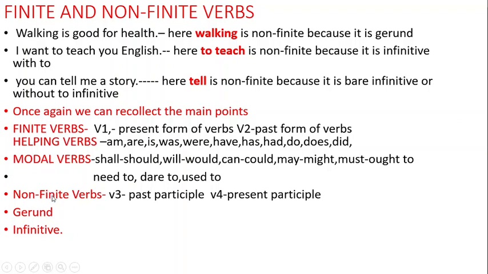And what are the verbs that come under non-finite? All past participles are non-finite, all present participle verbs are non-finite, all gerunds are non-finite, and infinitives, to-infinitives or without-to infinitives or bare infinitives, these all come under non-finite verbs.